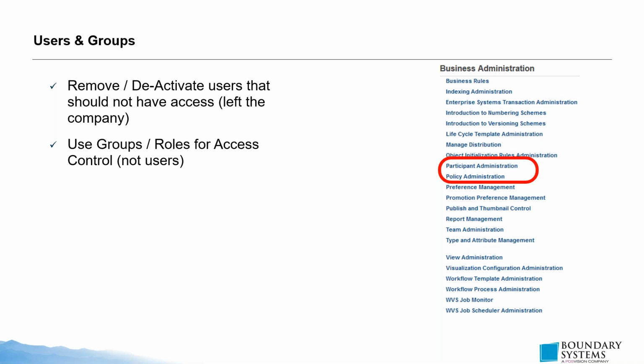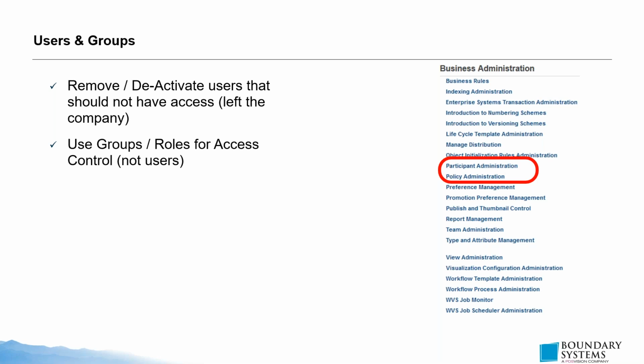It also frees up an additional license, and I'm covering that in the next slide, which is Windchill licensing. In newer versions of Windchill, those are now enforced, and that obviously will free up licensing itself.